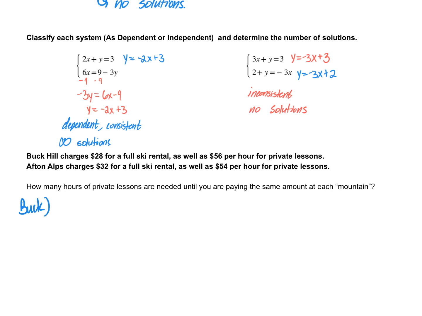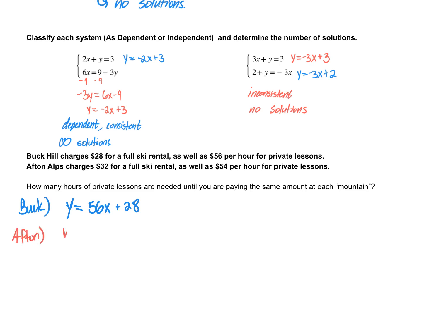So for Buck Hill, I'm going to say y equals, now the thing that depends on something is going to be the lessons. Regardless of how long you take lessons for, the ski rental is still $28. So that means it's going to be $56 per hour, where x is the number of hours, plus 28 additional dollars.